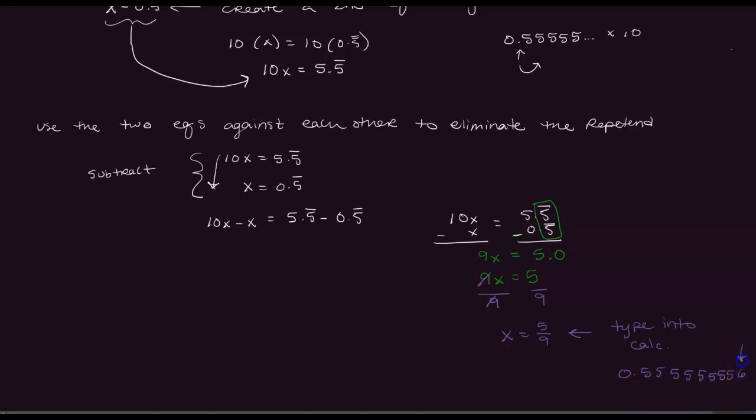But be careful, that 6 at the end came from your calculator rounding. So in reality, doing this division, you would just continue to get 5, and then another 5, and then another 5. You'll never get a 6. So 5 divided by 9 is not equal to this calculator number. That's an approximation. So just to be clear, let's make sure that we address that.